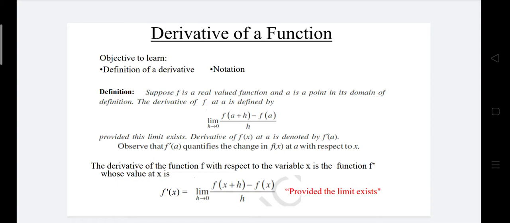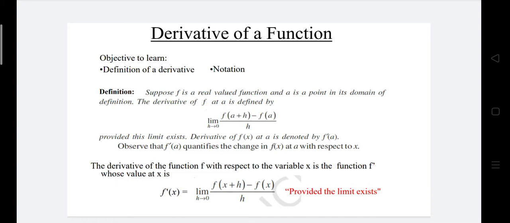That means this definition is f dash a and that definition is f dash x. If you are generalizing the derivative of any function f of x, that will be f dash x, and then you put any value here. If you put in a value, any integer or any value, then this formula will be a replica of the previous formula.